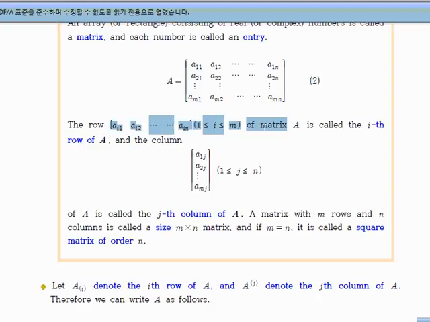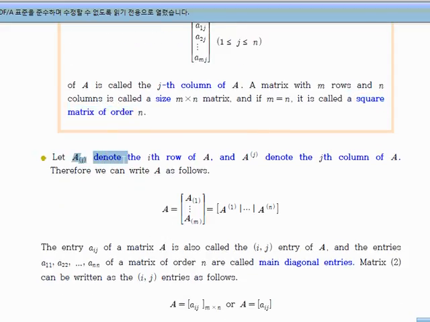This row is called the ith row of A, and this column is called the jth column of A, with entries A1j, A2j, up to Amj in the jth position here. A matrix with m rows and n columns is called a size m by n matrix, and if m is equal to n, it is called a square matrix of order n.